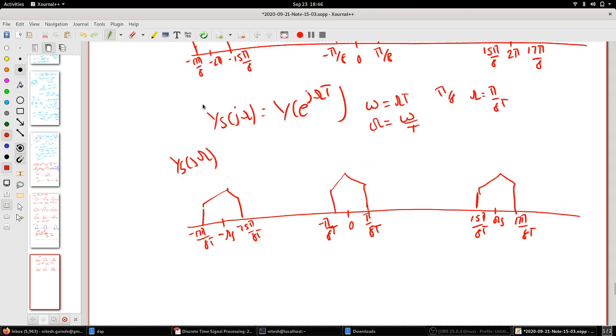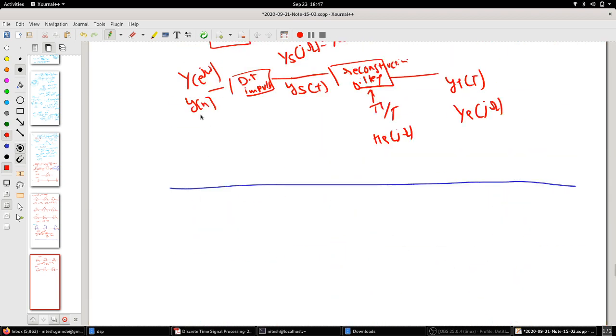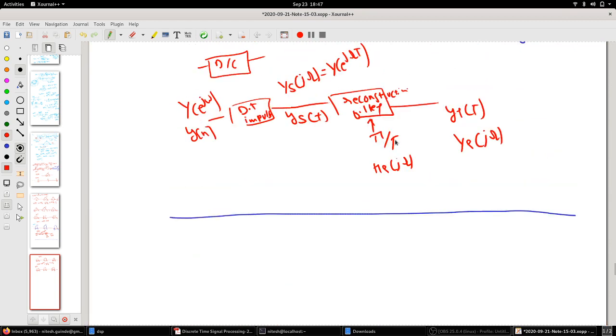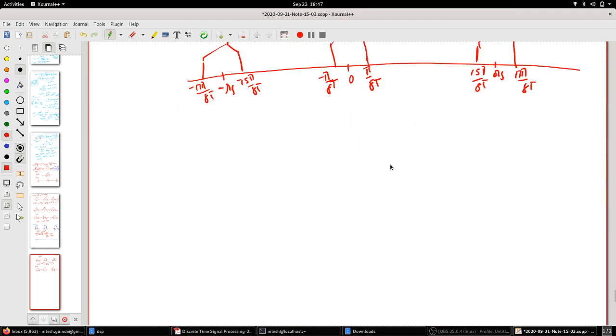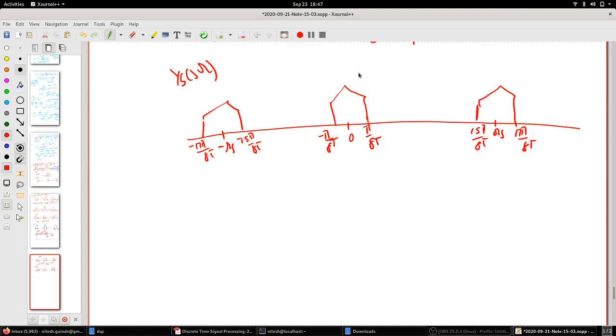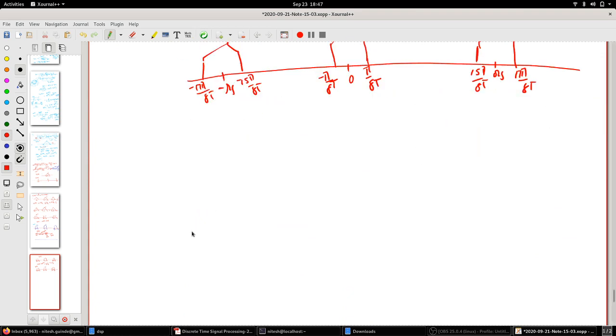Now it's passing through the reconstruction filter. You know that the amplitude here is 1 by t. The reconstruction filter has an impulse response which is not periodic, because it's the continuous time Fourier transform of an analog, continuous time function.